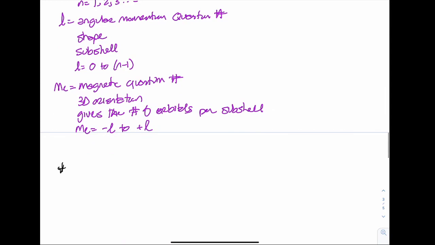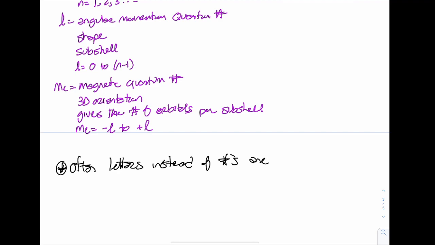So often letters instead of numbers are used when referring to values for L, when referring to subshells.